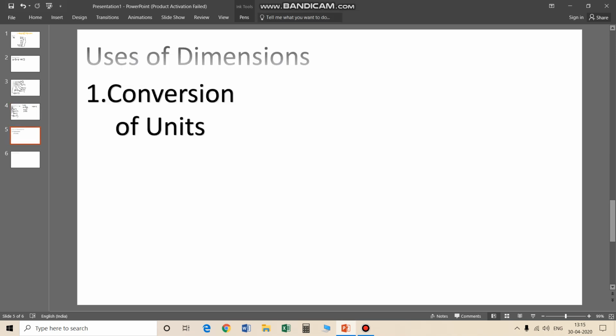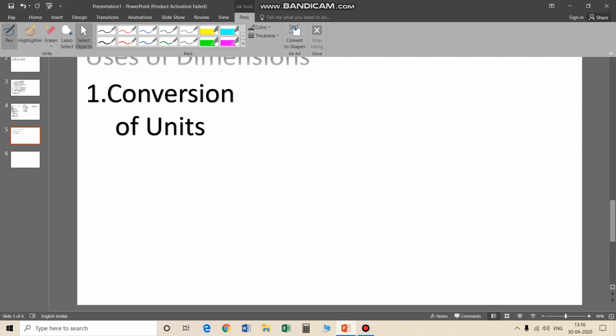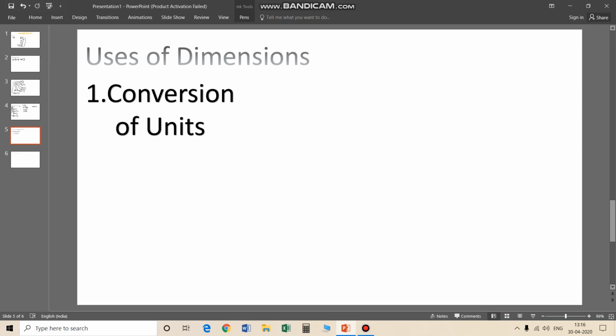Moving on to the next slide, this is the next topic: uses of dimension. We will cover the first use today only; the next uses we will cover in the next videos. Conversion of units. This is based on the fact that the product of the numerical value and the corresponding unit is constant, right?